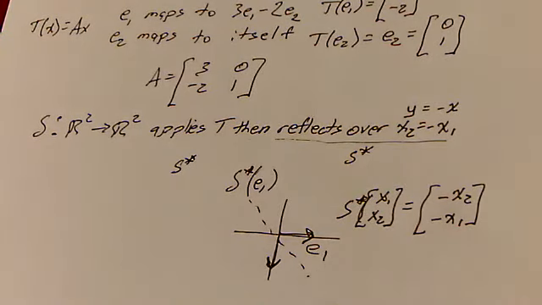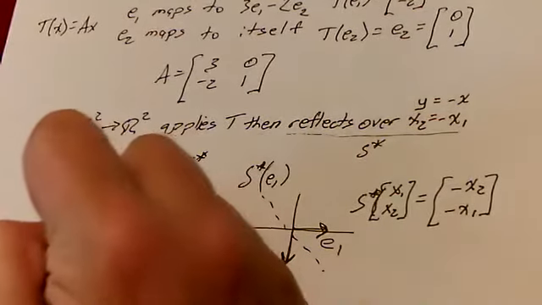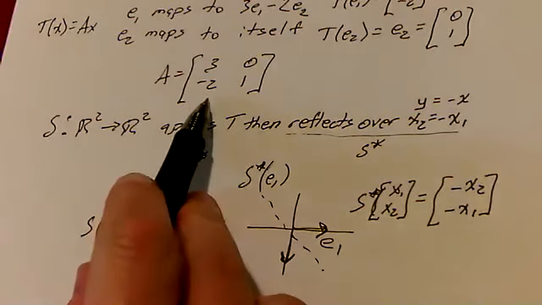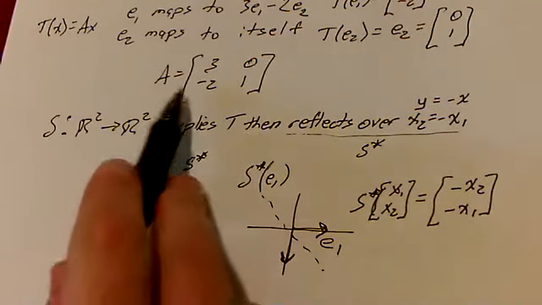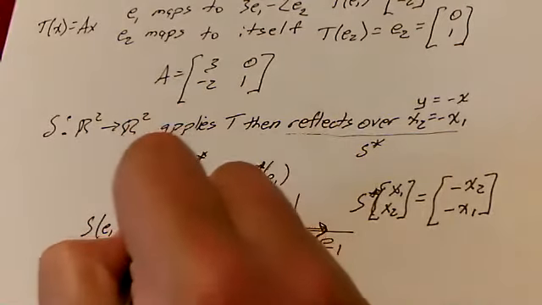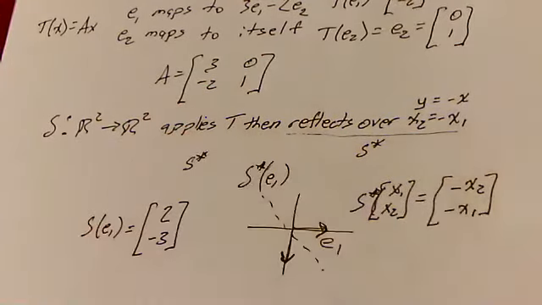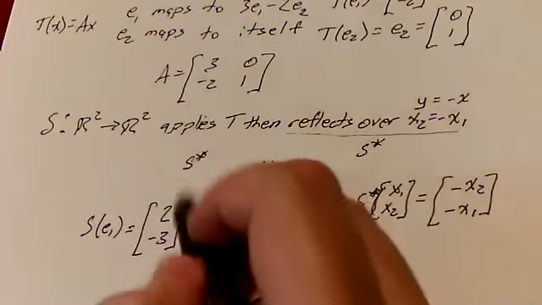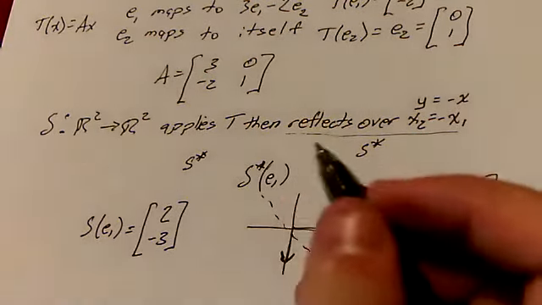The same thing is going to happen if I go to S of E1. It's going to take T first, so (3, -2). And then when I apply the reflection, it's going to flip, so it's going to be (2, -3). It flipped the sign of both of them. The -2 became a positive 2. The 3 became a negative 3. And it flipped where they were.